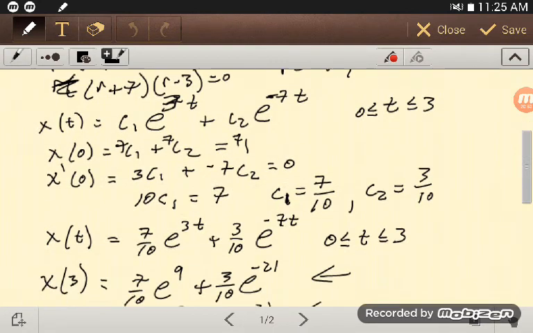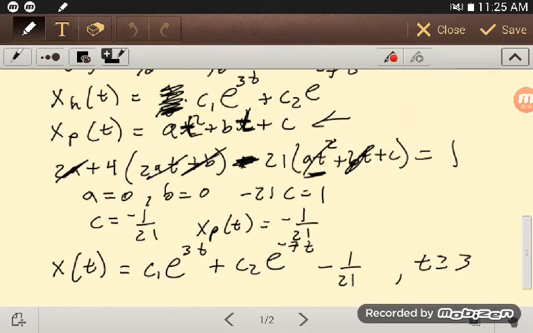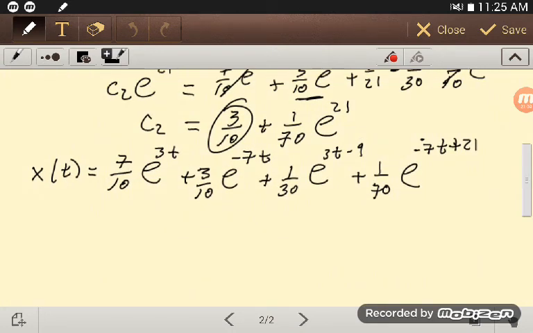So remember, our particular solution was the minus 1 over 21, so I did the C1, C2, and then minus 1 over 21. And this is for t greater than or equal to 3.